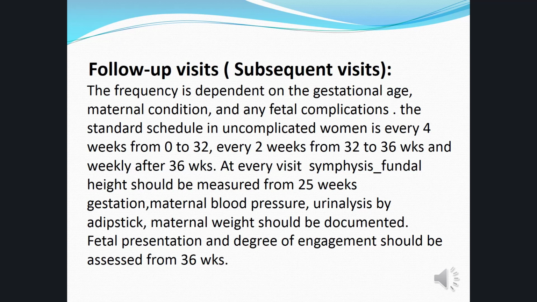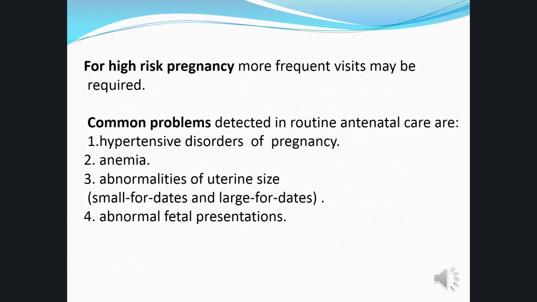At every visit, symphysiofundal height should be measured from 25 weeks gestation. Maternal blood pressure, urine analysis by dipstick, and maternal weight should be documented. Fetal presentation and degree of engagement should be assessed from 36 weeks. For high-risk pregnancy, more frequent visits may be required.